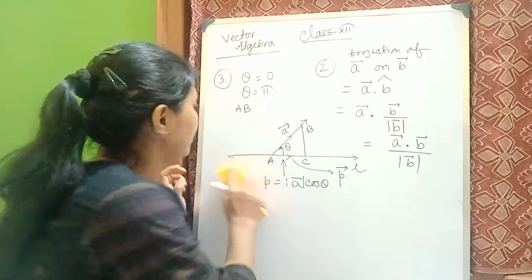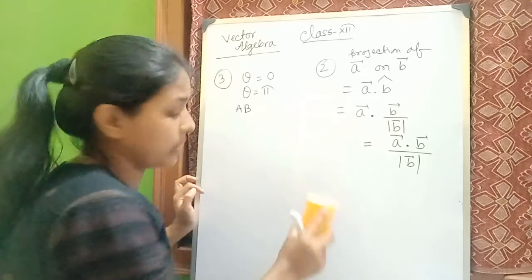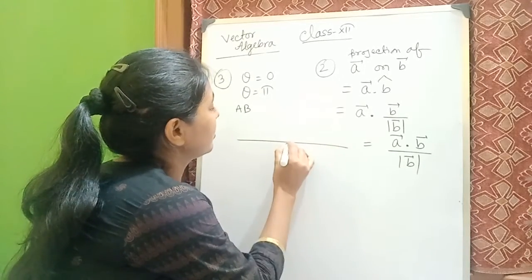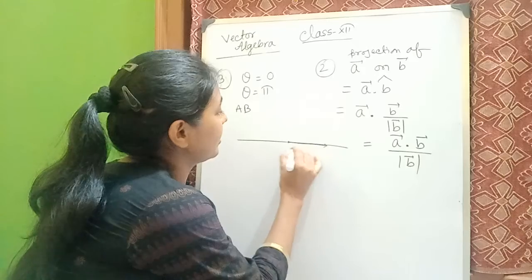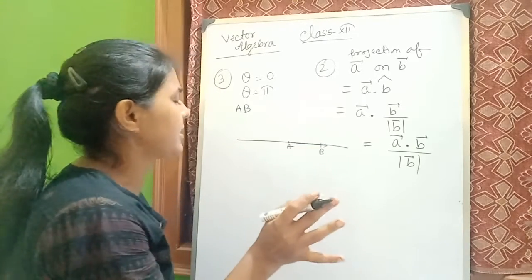So I need to change the figure a little bit, otherwise it will not be proper to get the idea. First, we have AB this side, so the projection is AB itself.